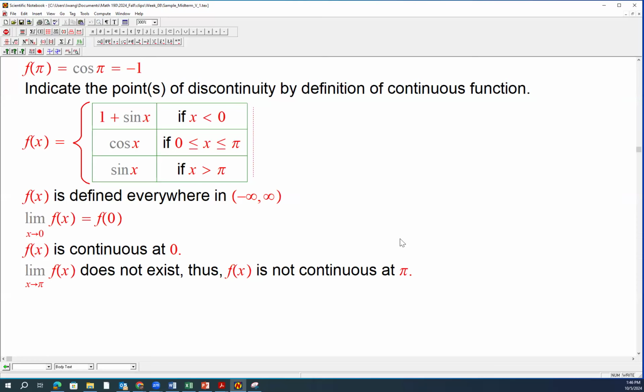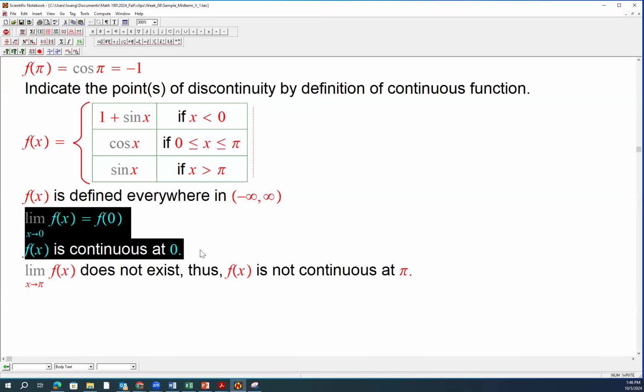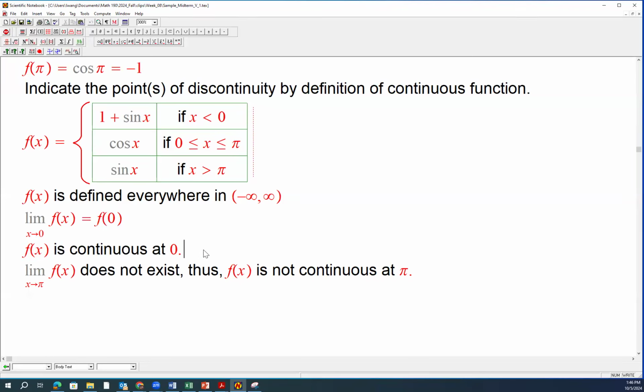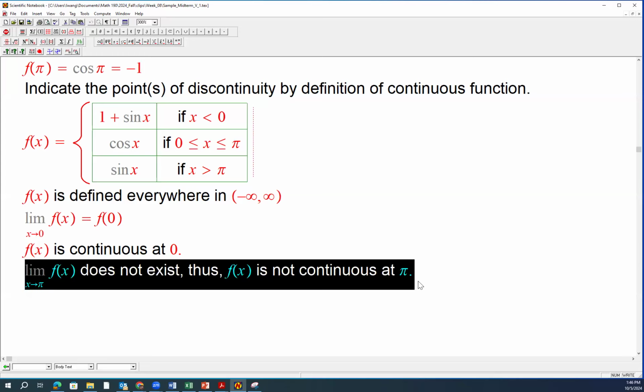So now, what do we say about the function, the interval where it is continuous? We just have to indicate points of discontinuity by the definition of a continuous function. How do we answer that? Well, there are 2 points of questionable nature, right? The first one we answered, it is continuous. The second one, it is not continuous.